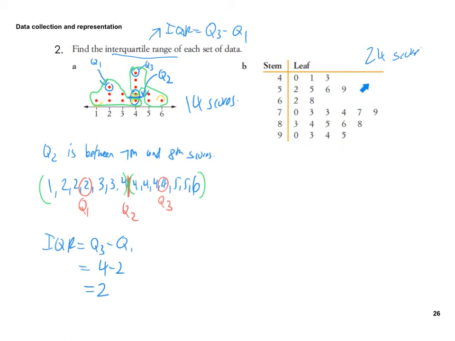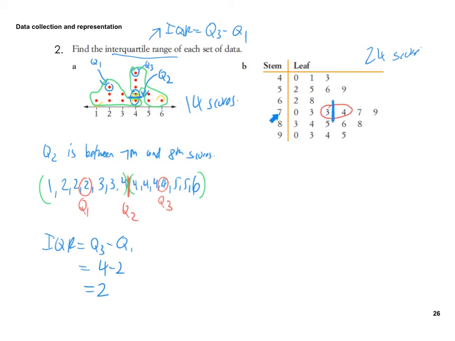Where's Q2 going to be, which is the median? Okay, remember, 24 divided by 2 is 12, but because 24 is even, the middle is going to be between the 12th and the 13th scores. So let's count them up. 1, 2, 3, 4, 5, 6, 7, 8, 9, 10, 11, 12, 13. So these two are of interest. My middle is going to be between these two.